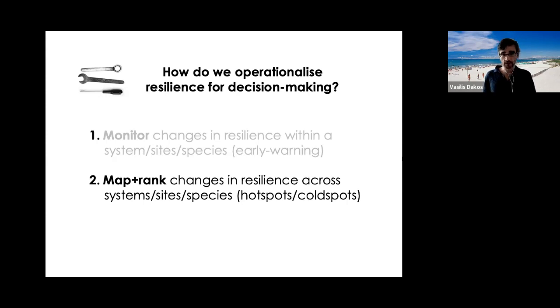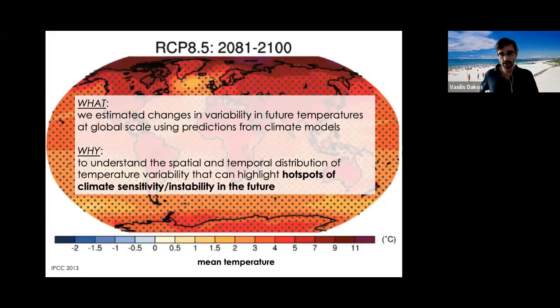So talking about the second point here, where we can map and rank changes in resilience across different sites. Here, I want to present you some work that we have done on trying to understand whether we can project places of future increase in climate variability that could be associated with higher climate sensitivity or instability.